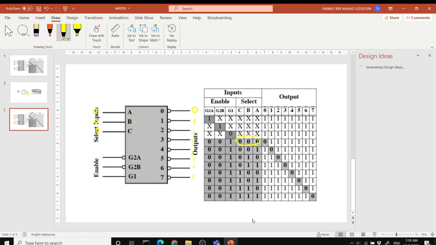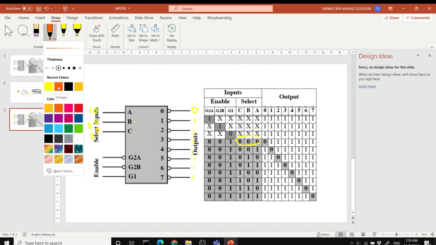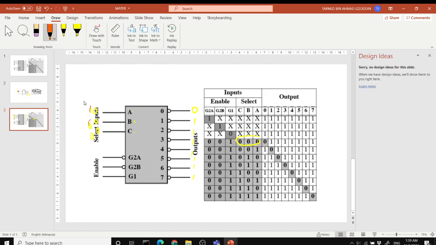So it selects the first output. What if it's 1, 0, 0? When it's 1, 0, 0, you have your second output low, and the rest is high.